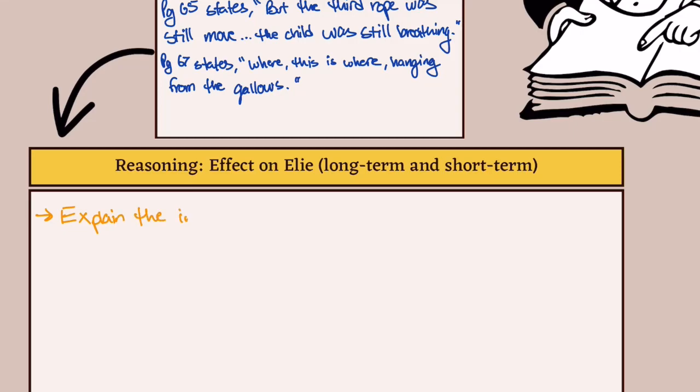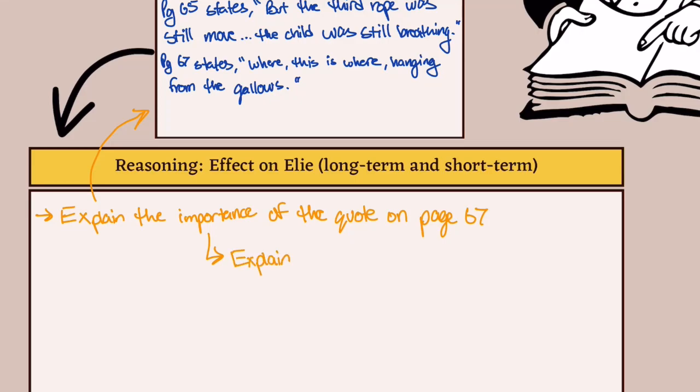Explain the importance of the quote on page 67, right? That would be that quote right there, the very last one. Okay? And then if you want to take it a bit deeper, you can explain how this represents the loss of his innocence in childhood.